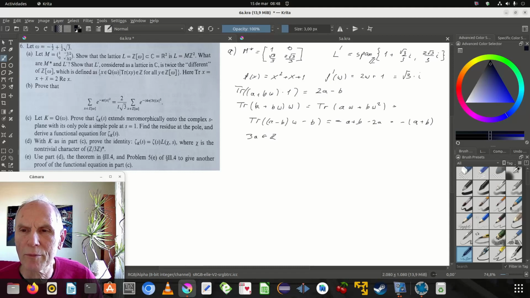And adding them, 2a minus b and 2a plus 2b are integers, so that's just b being an integer.